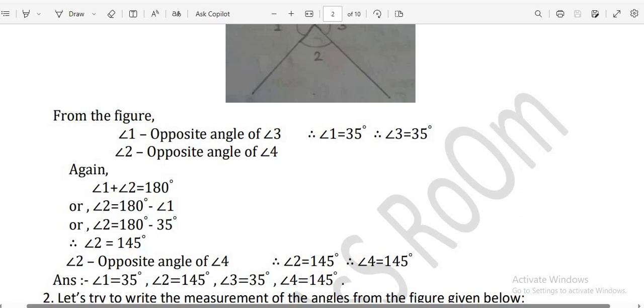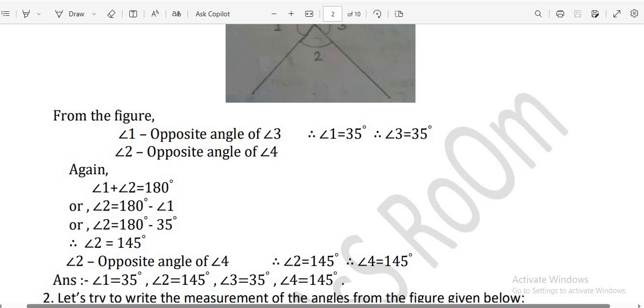Again we know angle 1 plus angle 2 is equal to 180 degrees, or angle 2 is equal to 180 degrees minus angle 1. Put the value of angle 1, 35 degrees. Therefore angle 2 is equal to 180 degrees minus 35 degrees, which is 145 degrees.